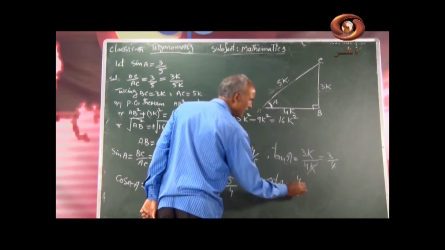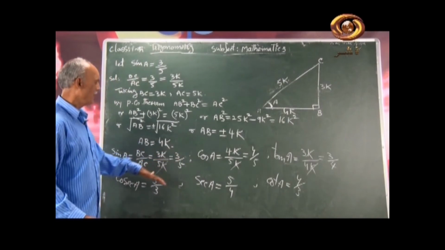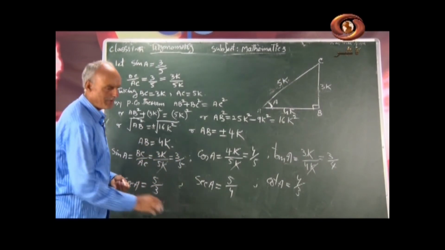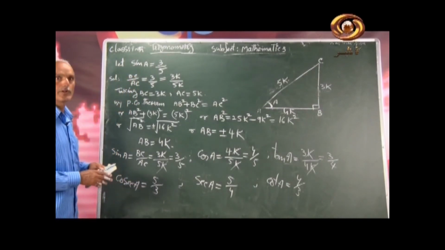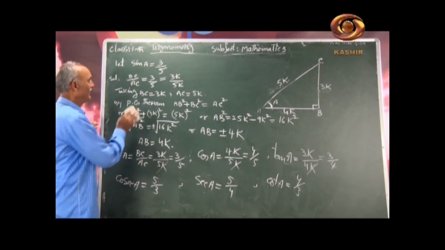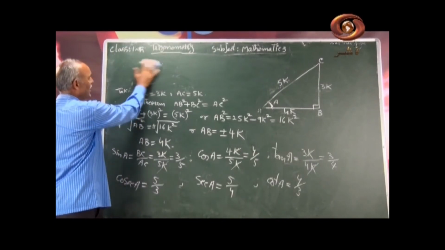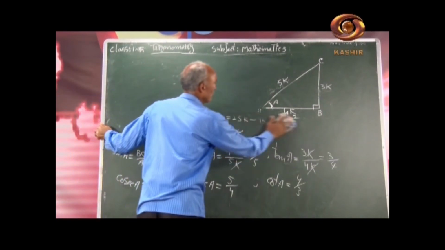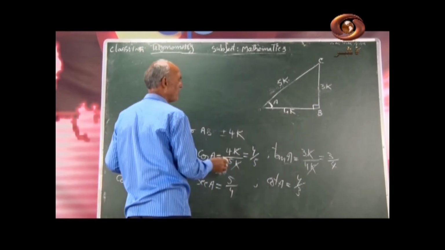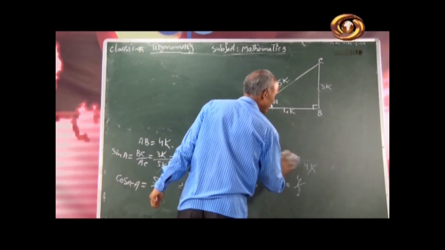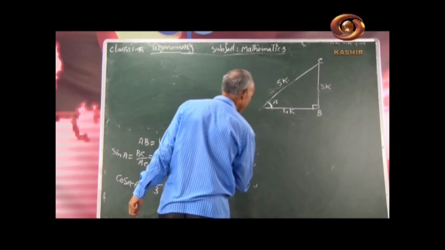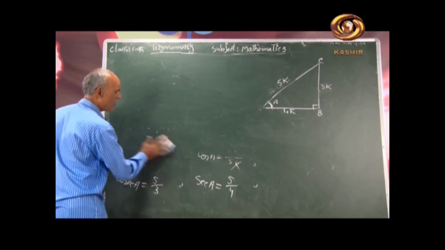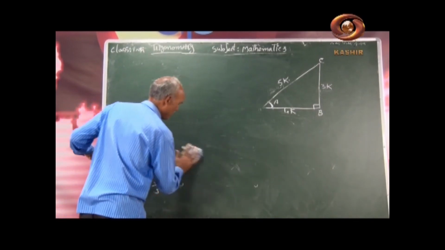So if we remember the reciprocals of first three, we can calculate the other three from these three. Now next, you can calculate these values even if you take simply 3, 4, 5, but that won't be the length of the sides of a triangle, that will again be a ratio. So k we take as a constant of proportionality.